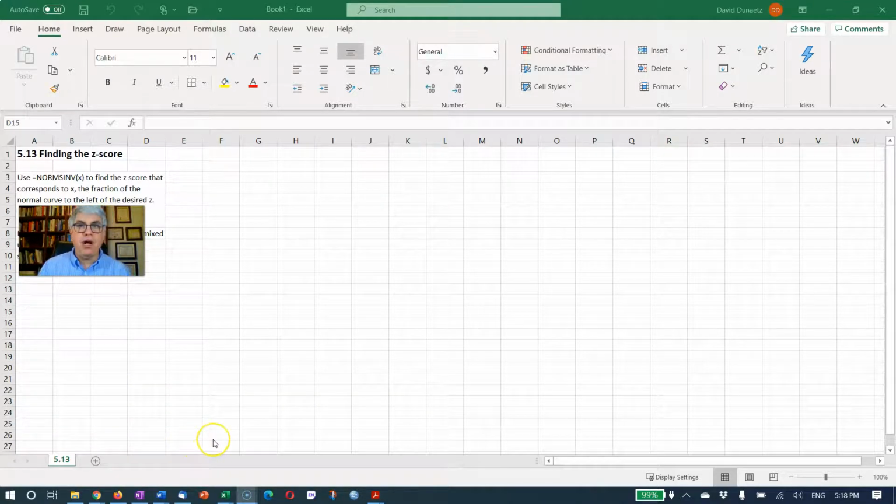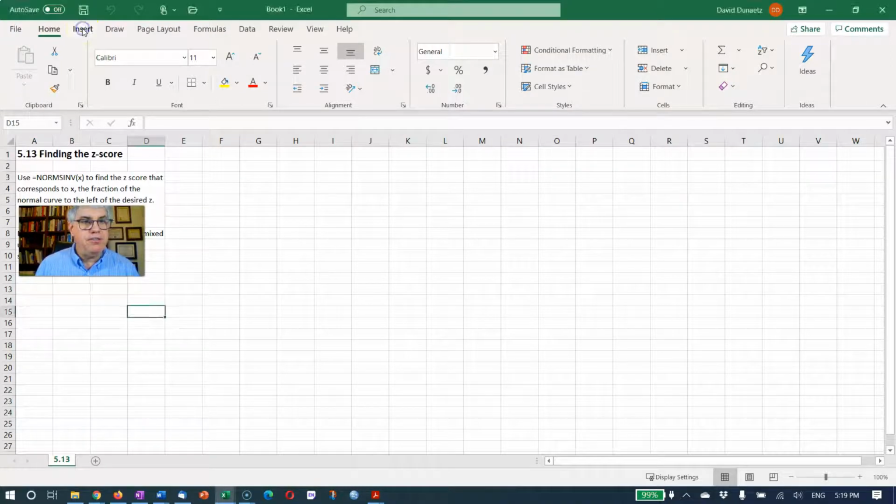So let's draw a picture to figure out what's going on. Now I am going to draw this in Excel, so I have turned on my touch screen, and that's why the menus look a little different here. Let's draw a normal distribution, and we'll start off with the axes.